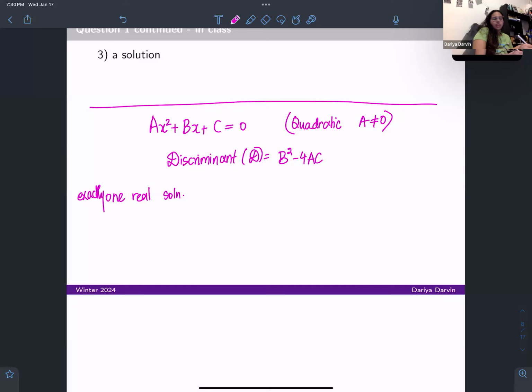When do you have two distinct solutions? When do you have no real solutions?